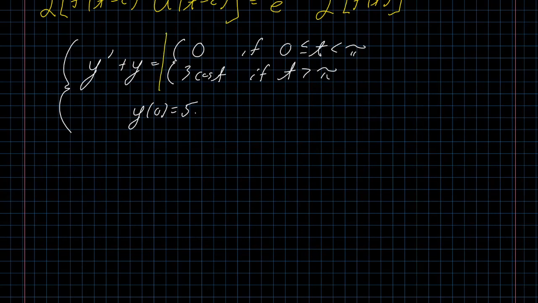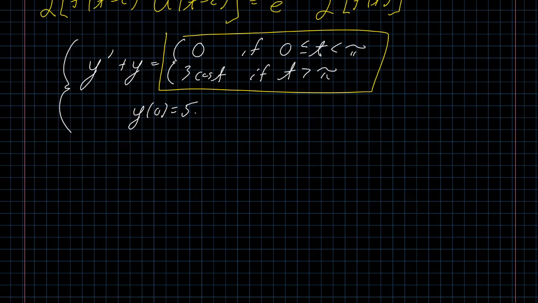And the first thing I want to do is take this right-hand side and rewrite it using a Heaviside function. In this particular case, that's not going to be all that bad. Instead of 0 and 1, it's 0 and 3 cosine of t. And it turns on when t is equal to pi.